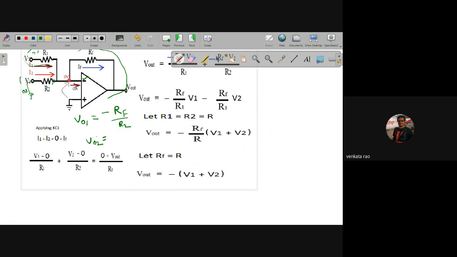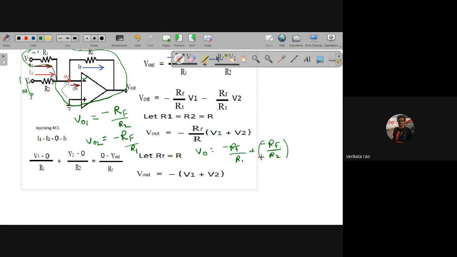Now this is going to be your final circuit. It is again an individual inverting amplifier. The output voltage is minus RF by R1. So total output is V01 plus V02, that is minus RF by R1 times V1 plus minus RF by R2 times V2.